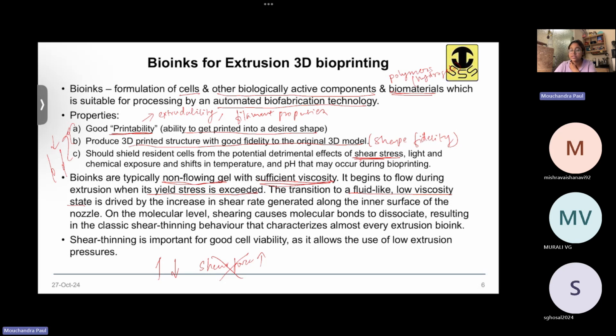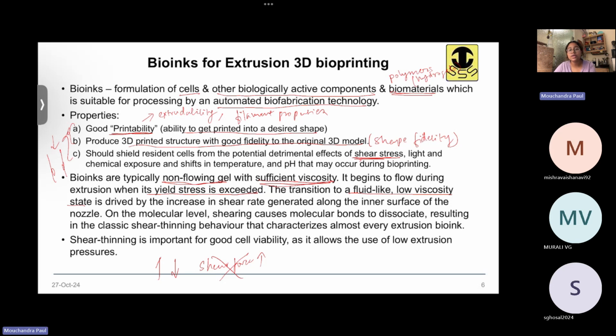These bioinks have a threshold value of yield stress that needs to be exceeded. When you exceed that, it transitions to a low viscous flowing property, it starts to flow, and it then gets deposited on the surface. On the surface, there are no more shear forces acting, so its viscosity again increases and the structure is retained.